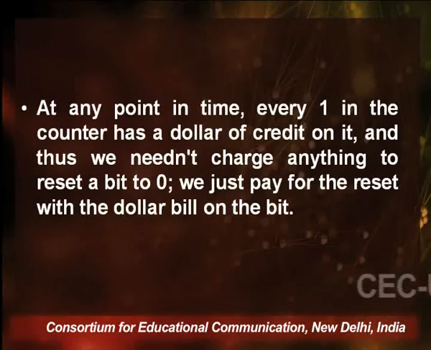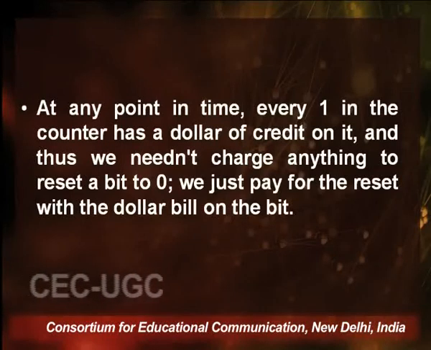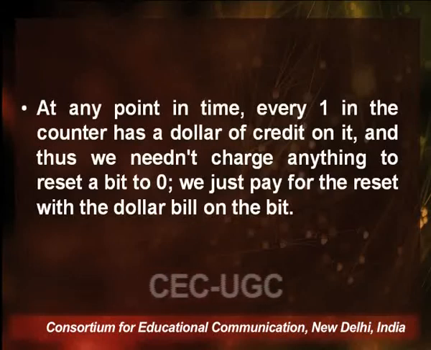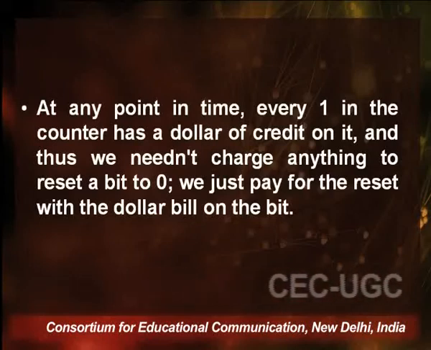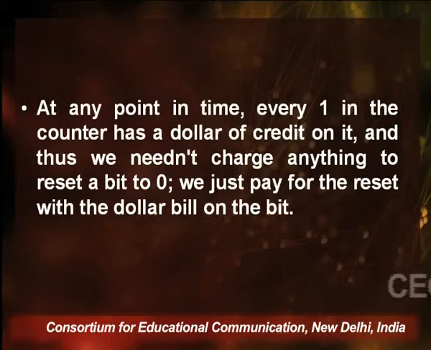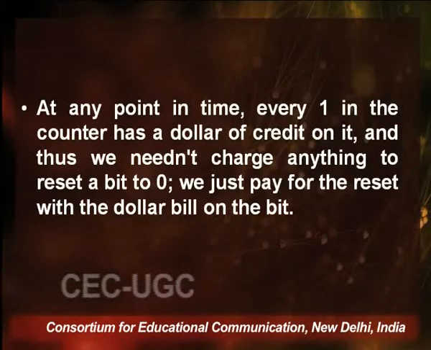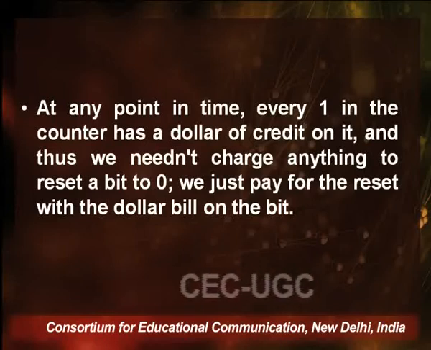So at any point of time, in the whole data structure, every 1 bit in the binary counter has $1 of credit on it, because it was charged $2, one has been paid and one is left.